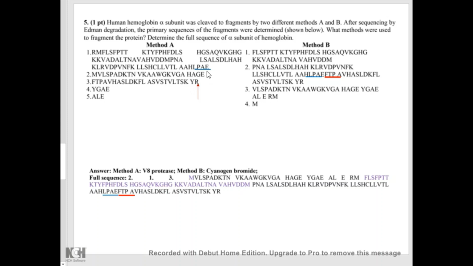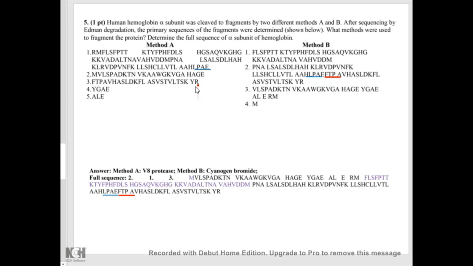a protease that cleaves after glutamic acid is V8 protease, and that's your answer, V8 protease. You have to memorize this for this course. And the R, which is not E, is most likely the C-terminal amino acid that wasn't cleaved.